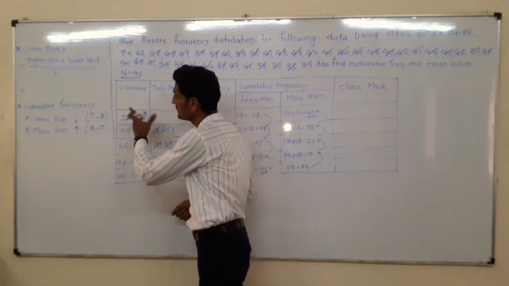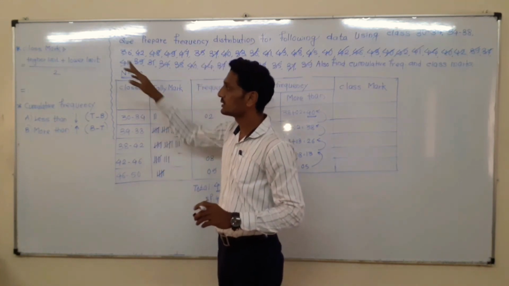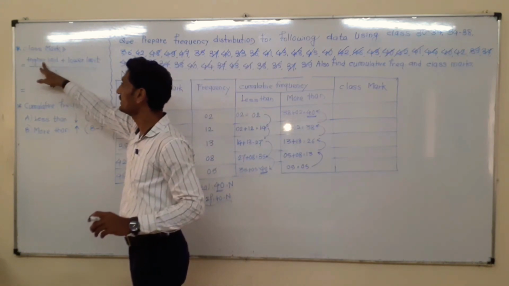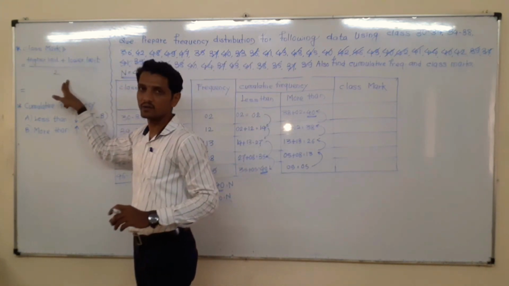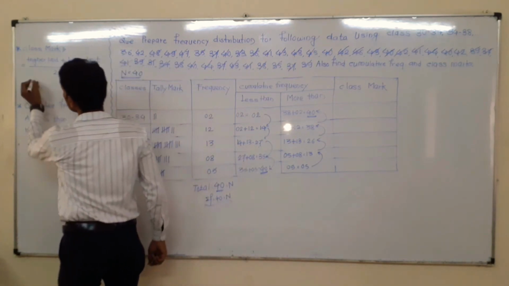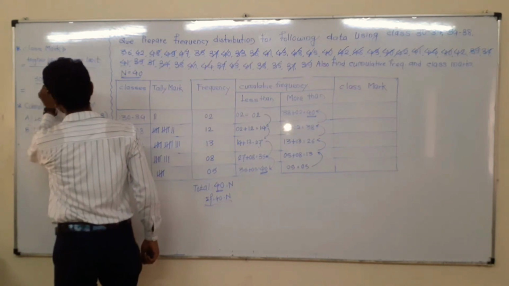So by using these two things, we have to find out the class mark, and the formula for this is higher limit plus lower limit by 2. Consider this one class, that is 30 plus 34 by 2.